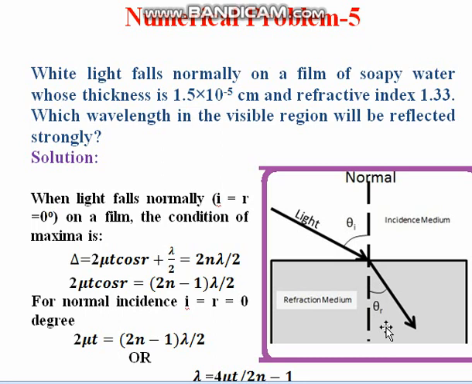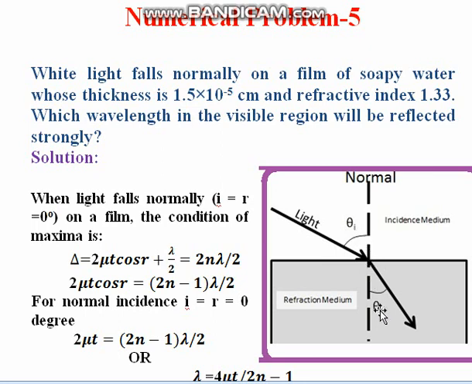So what will happen if the incident light falls normally on this surface? In that case, the angle of incidence will be 0, because the direction of light is along the normal. So i is equal to 0.